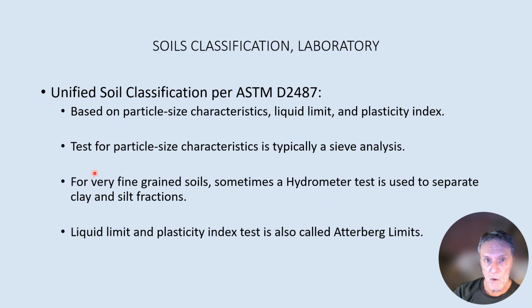But generally speaking, most soils are composite particle size. For very fine grained soils that have clays, you can run a hydrometer test after a sieve analysis. Liquid limit and plasticity are called Atterberg limits. I'll explain all that coming up.